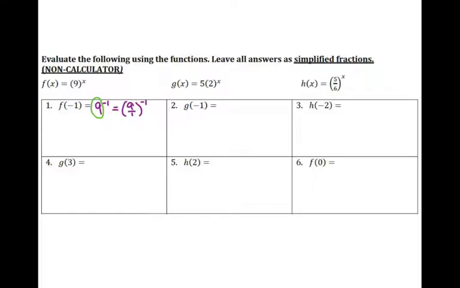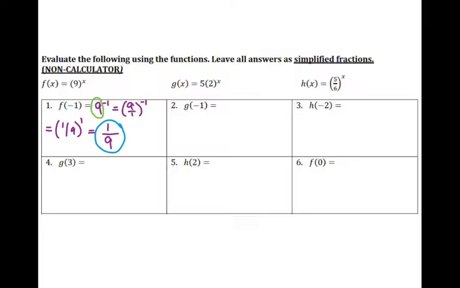Since I have a negative exponent, I want to flip the base. So it becomes 1/9 to the positive first power. Anytime I flip the base, my exponent becomes positive. And then I can evaluate. 1 to the first is just 1, and 9 to the first power is 9. So my answer for this is 1/9.